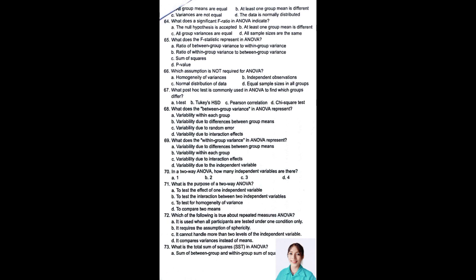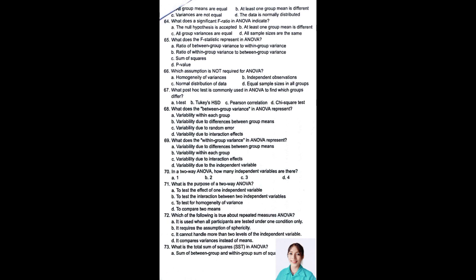The alternative to ANOVA is the Kruskal-Wallis test. So that's in option A. Number 80 is, what does a large F value in ANOVA suggest? It suggests that the means of the groups are very different. So that's in option B.